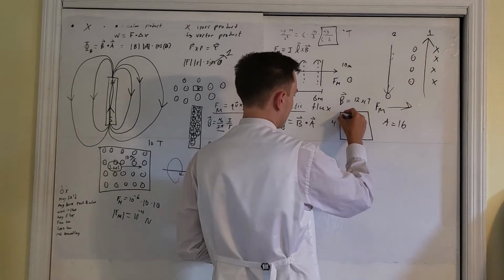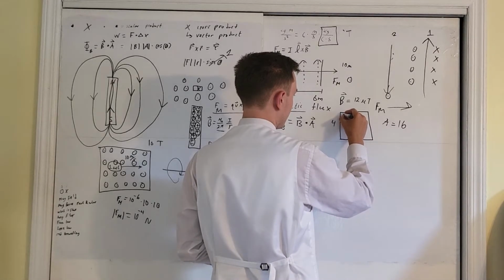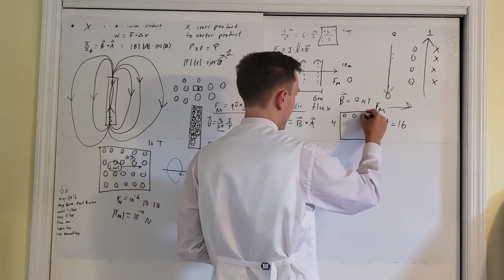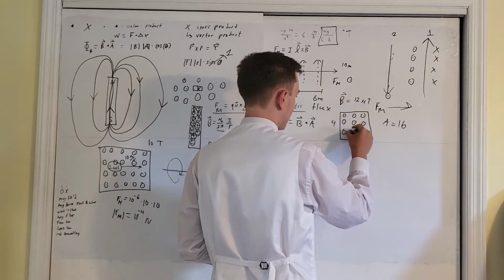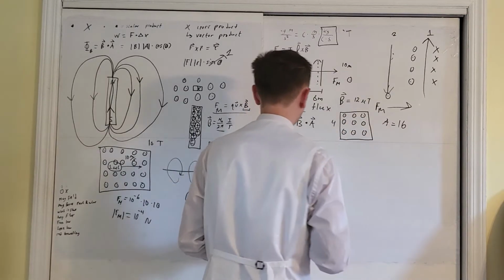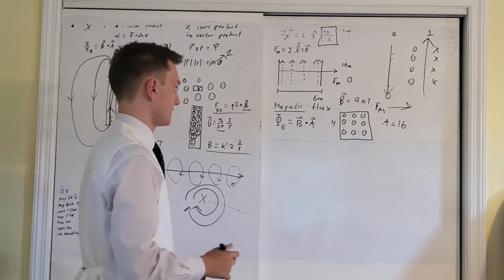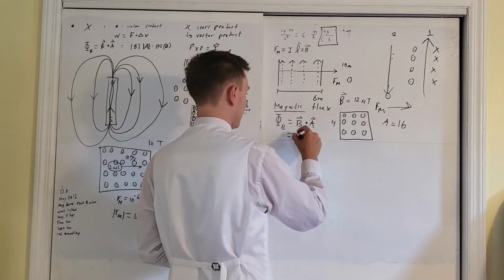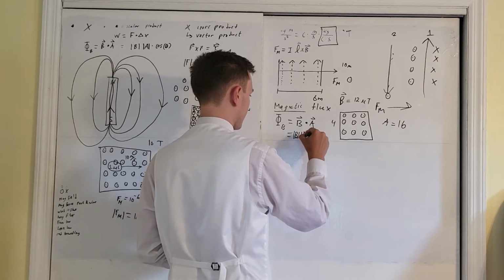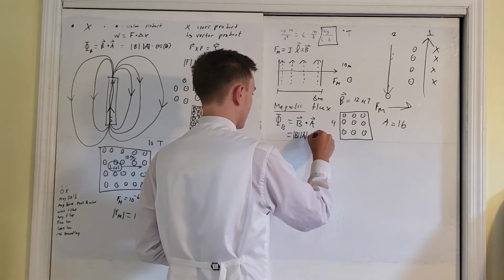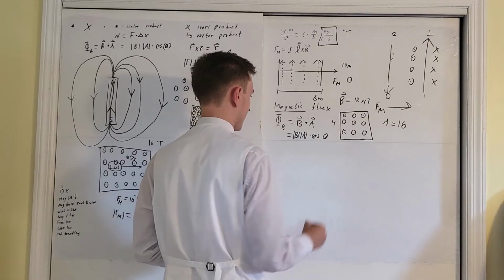My magnetic field were to be coming directly out of the page as such, then my magnetic flux would be maximized, because remember that the dot product is the magnitude of our two vectors multiplied together, multiplied by the cosine of the angle theta between them.